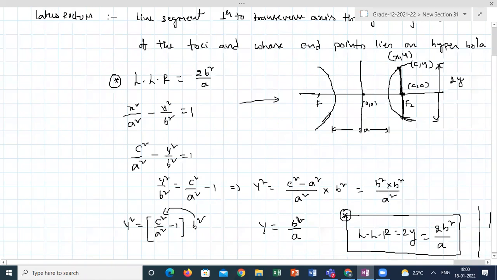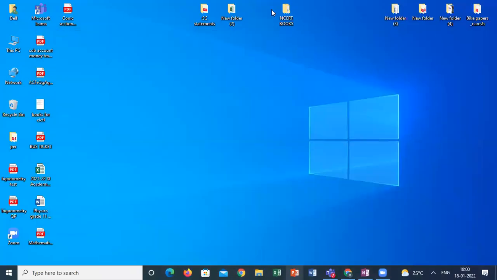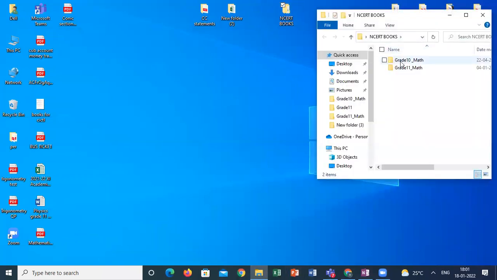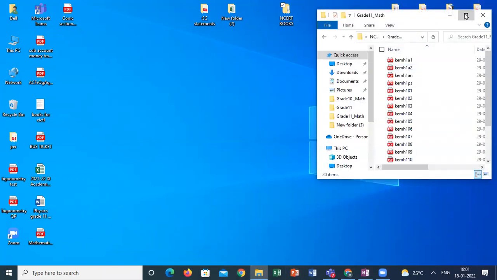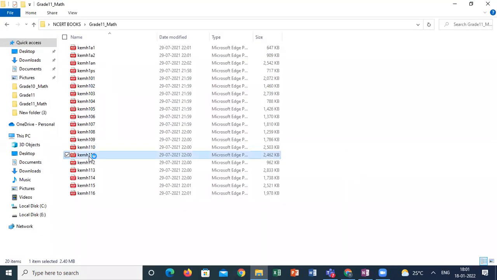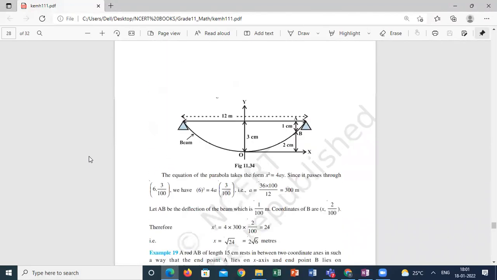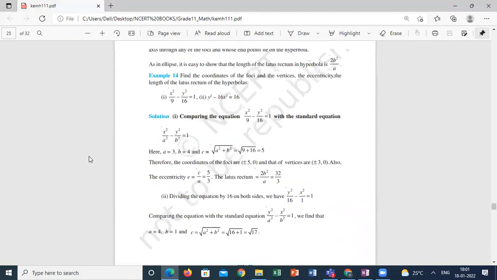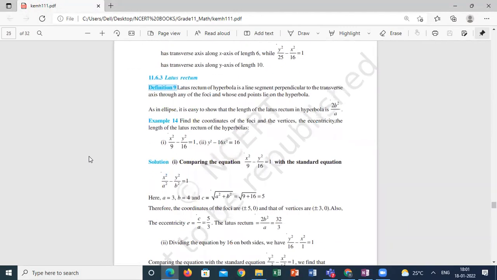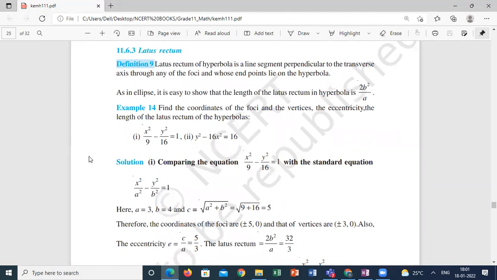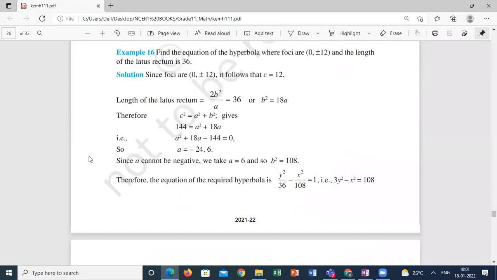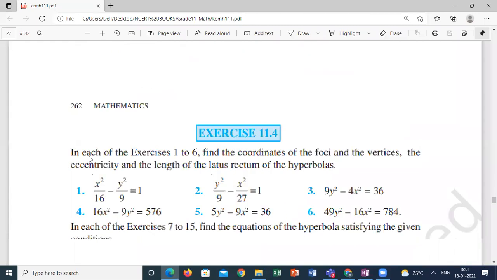So after this, we are left with numericals related to hyperbola. Let's see if we missed anything. We have done the latus rectum, and the proof for the latus rectum also. Then we have to do the numericals. The hyperbola numericals are a little simpler than the others.